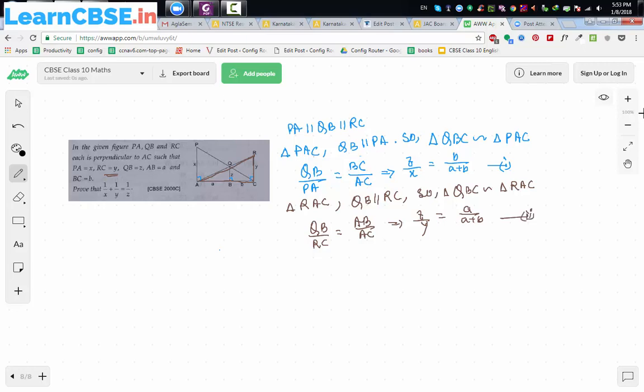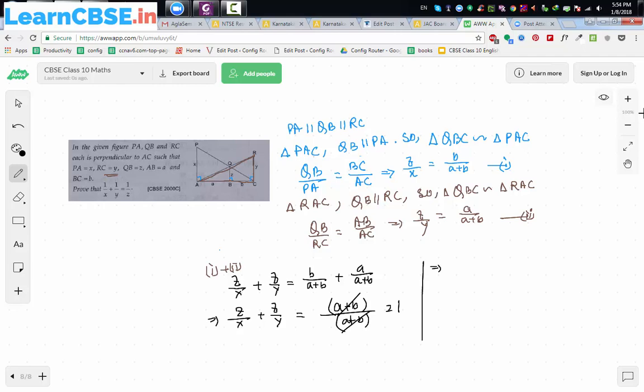Now I have to solve these two. What I can do is simply add equation 1 and equation 2. If I add equation 1 and equation 2, I get Z by X plus Z by Y equals B by A plus B plus A by A plus B. So Z by X plus Z by Y equals A plus B by A plus B. So this side we are getting as 1.